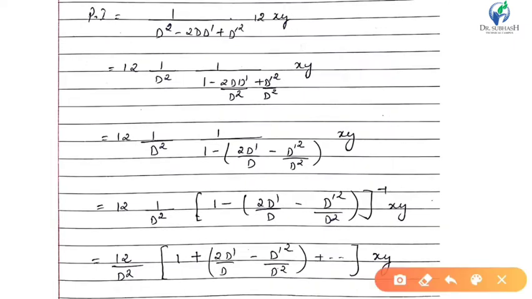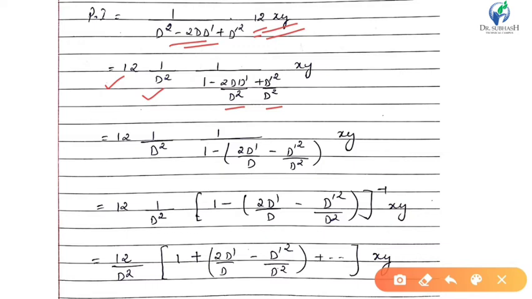PI will be, first we will write in terms of D and D', and here we are writing the RHS part. Now this 12 I am taking common. Now here the procedure is we can either take D square common or we can also take D dash square as common. Here I am taking out D square common from the denominator, so the rest two terms will be divided by D square.